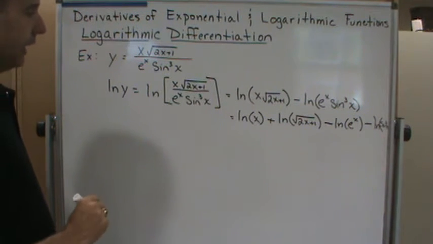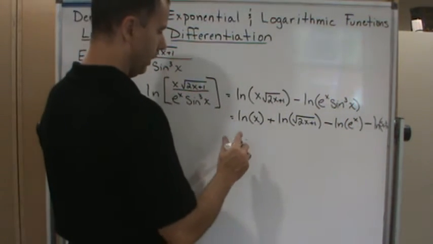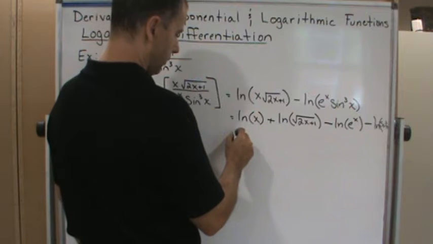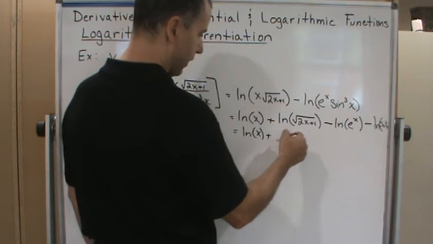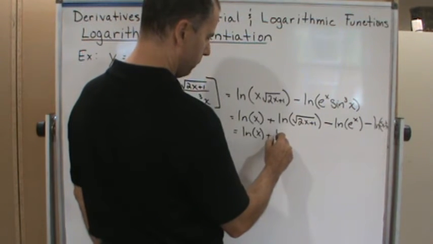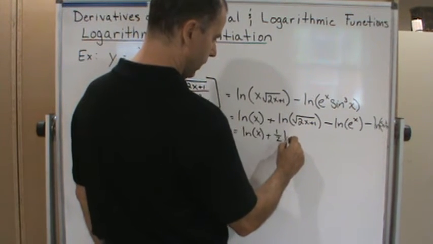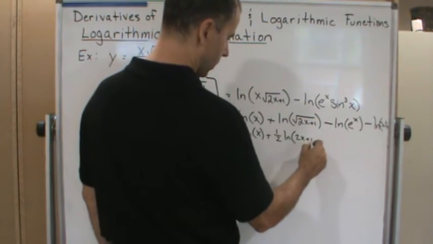A couple of things I could simplify, and I'm going to. So I'm going to get the natural log of x plus, now this is actually 2x plus 1 to the 1/2 power, so I'm going to pull out a 1/2 natural log of 2x plus 1.